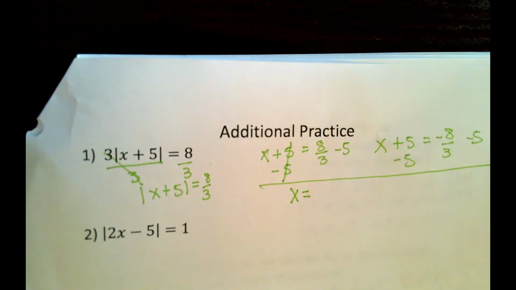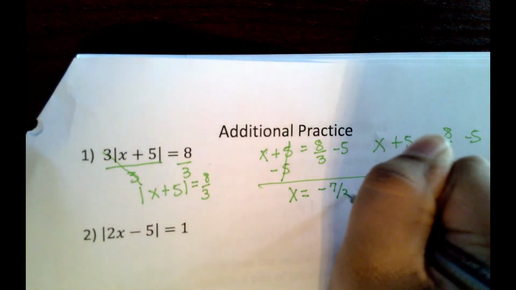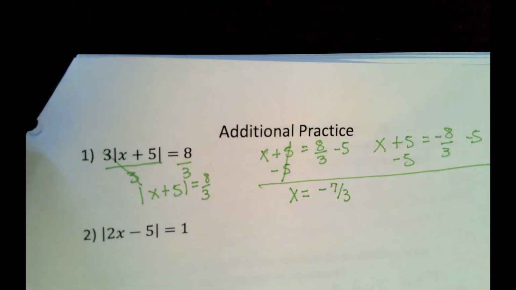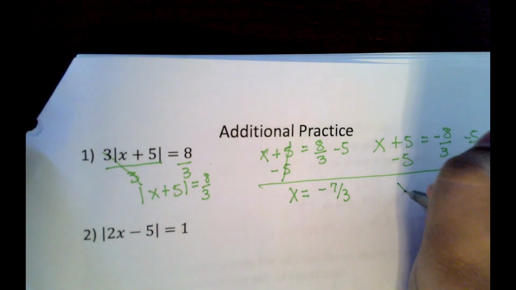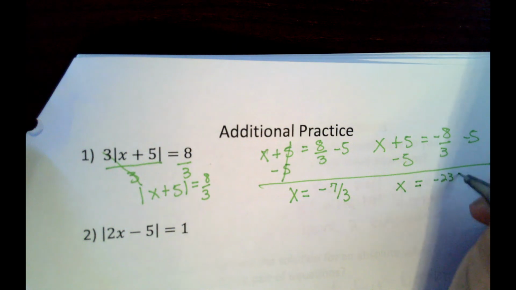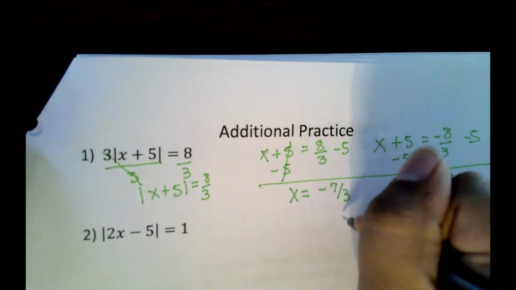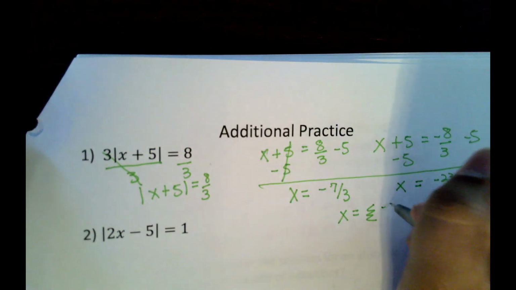So if you subtract that and you put it in your calculator, you're going to get a negative 7 over 3. If you are using your fancy calculator, it'll give you a negative 7 over 3. If you are at home doing homework and you write it down as a decimal because your calculator doesn't do that, that's fine with me. X equals negative 23 over 3. Or you could see it written in our favorite, the little curly brackets.